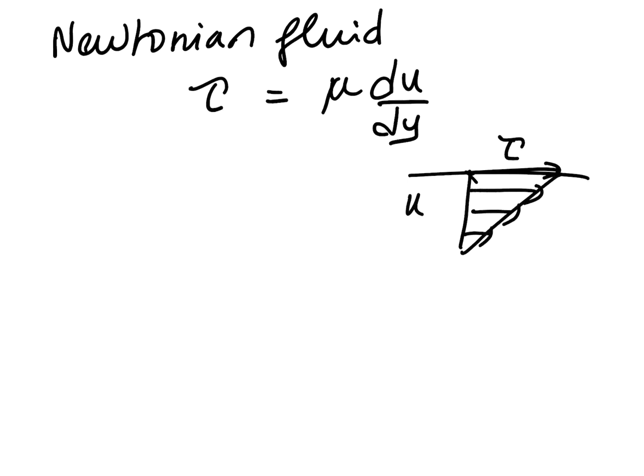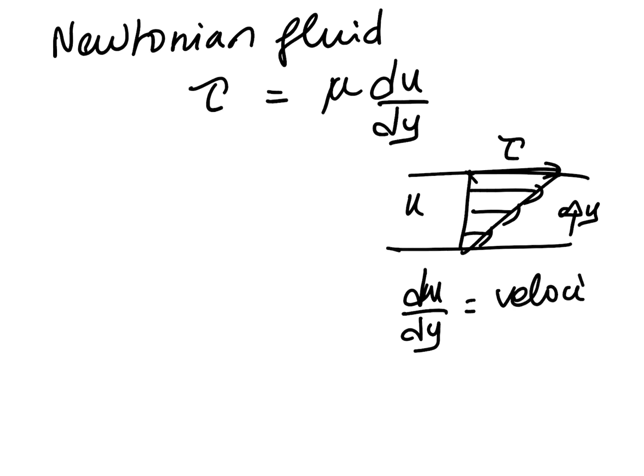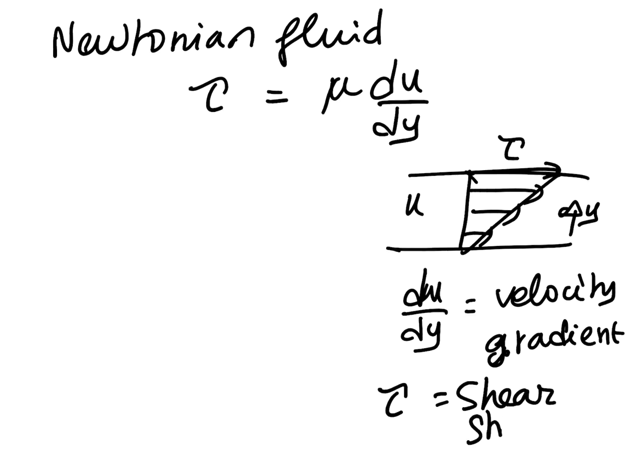This is u, this direction is y, and what we have as du by dy is the velocity gradient, the variation of u along y. That's the velocity gradient, and that's related to the shear stress in terms of the dynamic viscosity.